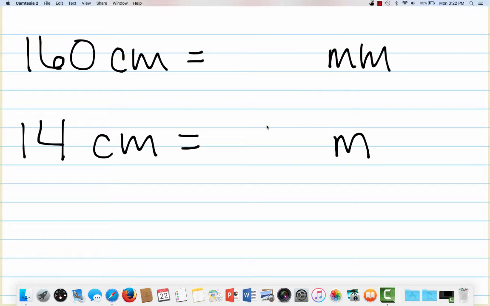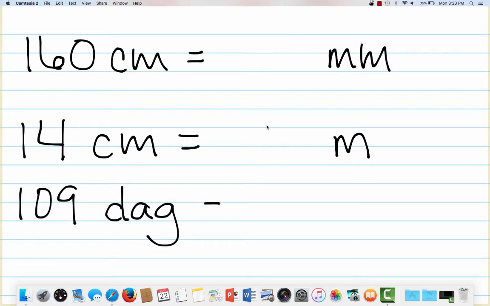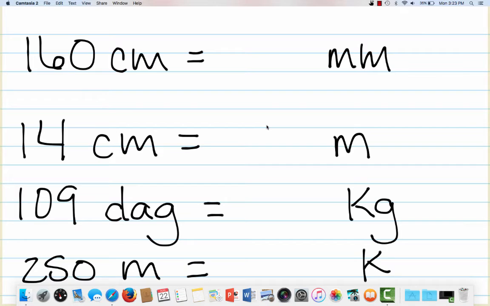For the next example, I want you to take 109 decagrams. So that's your DA, and then you got your grams, so decagram. And I want you to turn it into kilograms. For the last one under this, I want you to take 250 meters and turn it into kilometers.